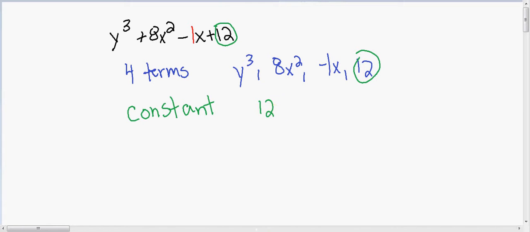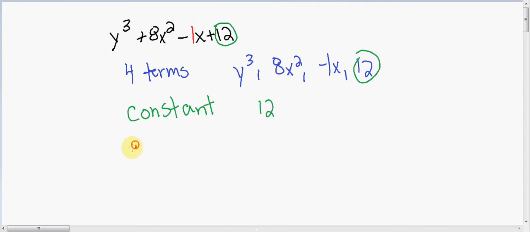Okay. The last thing we want to do here is look for coefficients, and we'll do this in red. Why not? The coefficients are the numbers that are in front of the variables that are being multiplied by the variables in each term. So this term right here has a variable. In front of it there's a 1.